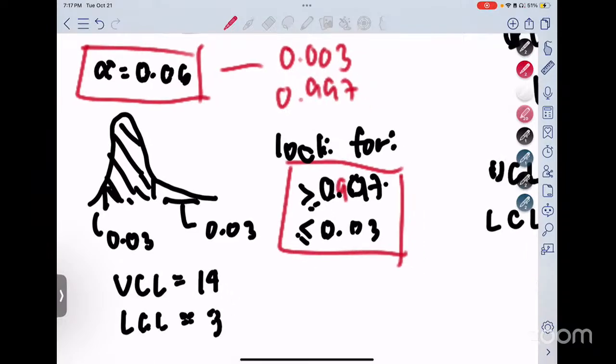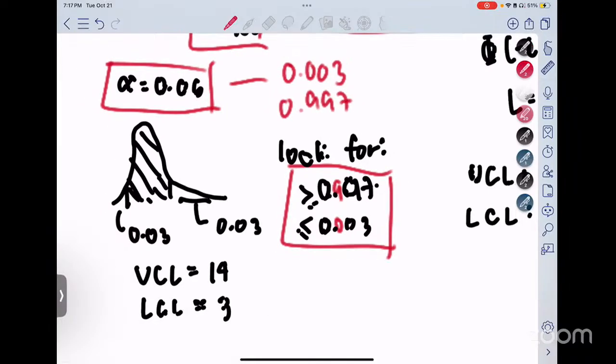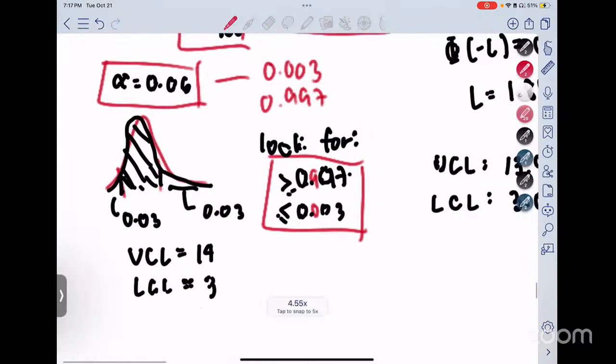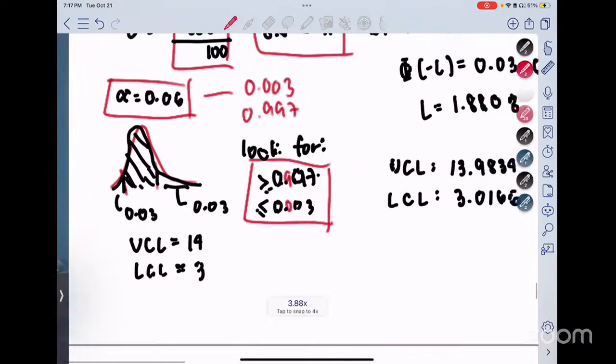This is 0.997 and 0.003. So essentially, this is what it looks like kung i-graph natin siya. And once you do the same thing we did sa Poisson CD, testing all the numbers, we'll get that the UCL is 14 and the LCL is 3.